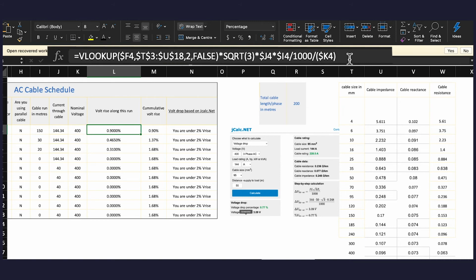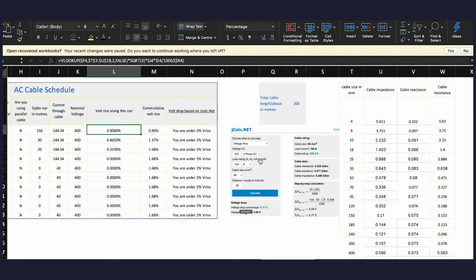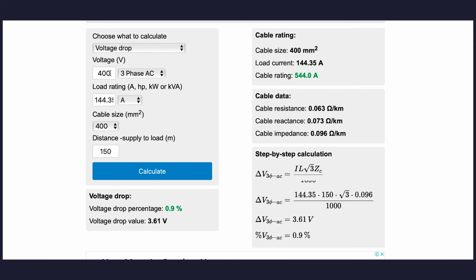So that's a bit of a mouthful there. There's a bit going on. Spend the time to have a look. Now, what I've done over here is I've got the JCalc hyperlink. So we'll click on that. So we've got the voltage of 400, we've got three-phase AC, we've got the correct load rating, 144.35 amps, we've got a cable size of 400 mil, and we've got a distance of 150 meters.